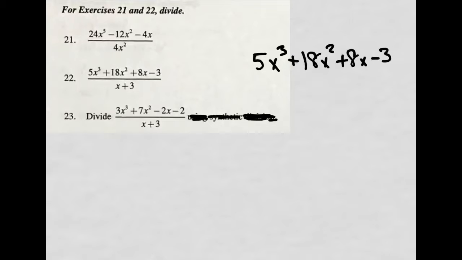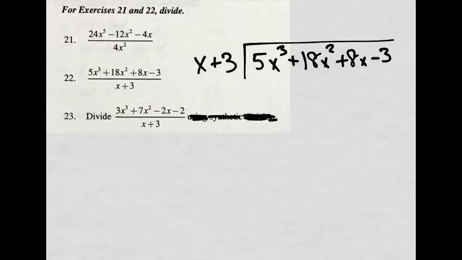Now I do want you to notice that nothing is missing, and by that I mean we have x cubed, x squared, x to the first, and then no x, right? If one of those things had been missing, we would have had to add a placeholder. We talked about it in class. Everything is there, and so we don't have to add any placeholders. So there's our numerator divided by x plus 3.